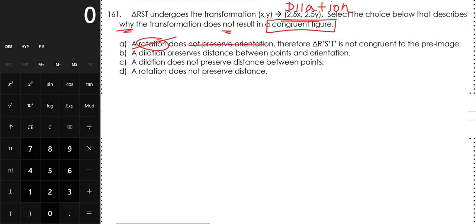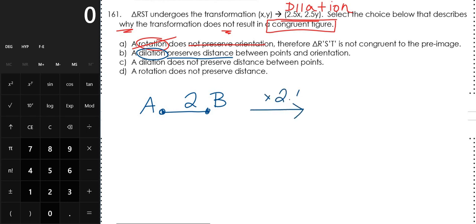B. A dilation preserves distance between points and orientation. So they are talking about a dilation, but they're saying that it does preserve distance. Well, let's talk about what a dilation does. Imagine this is your line segment, AB. After your dilation of 2.5, let's say that this was originally 2, and then we're going to dilate. So we're going to make this 2.5 times bigger.